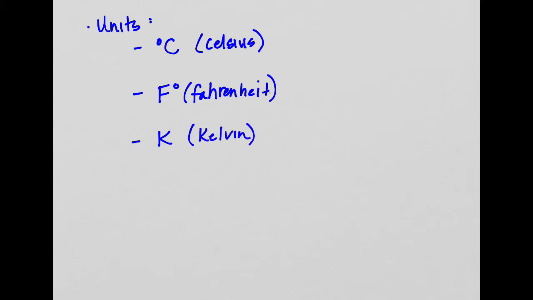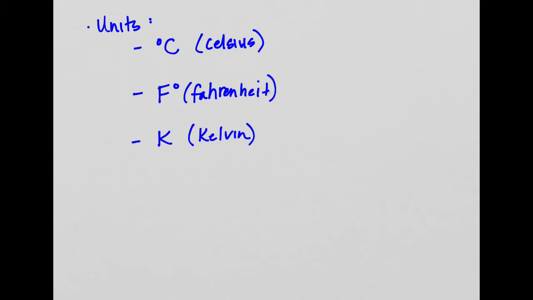Okay, so we're going to look at some relationships. This is really important that you know this next semester or next year. For biology, you'll probably use this a little bit, but in chemistry and physics, you need to know these three units, the three ways that we can measure temperature, and you need to know how we can convert between them.